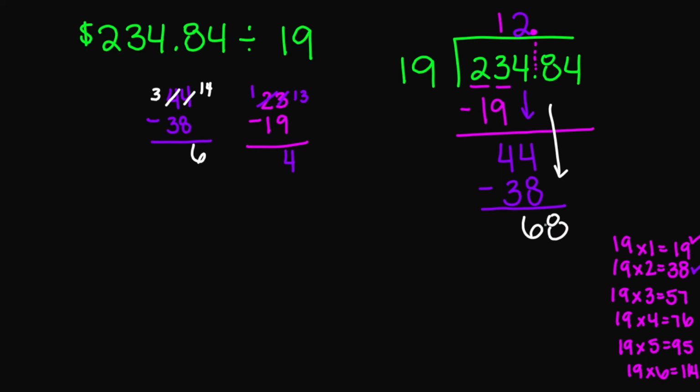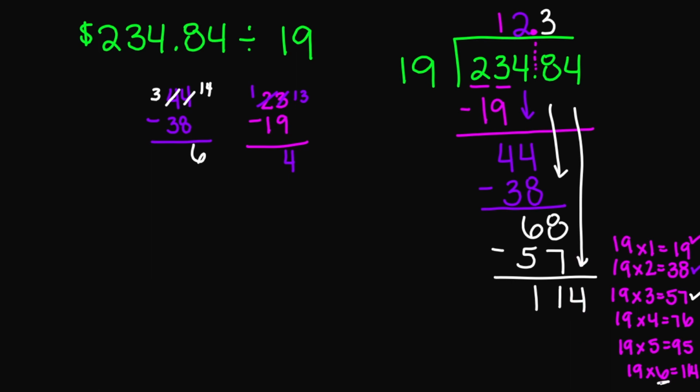19 goes into 68 now how many times? The closest largest number to use is going to be 19 times 3. That's going to give us 57. So I'm going to write a 3 on top here. 19 times 3 is 57. 8 minus 7 is going to equal 1. 6 minus 5 is also going to equal 1. Now I'm going to bring down my 4. 19 goes into 114 now how many times?